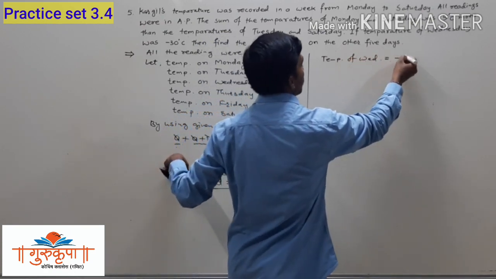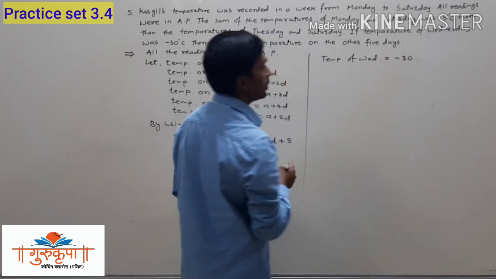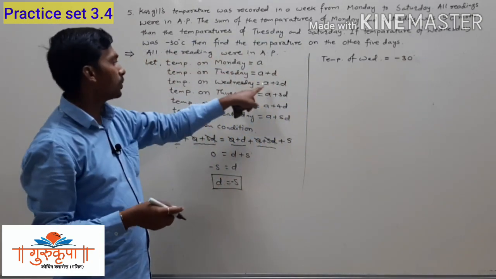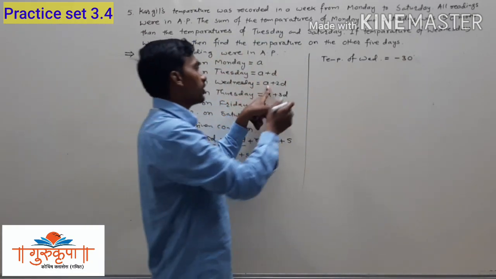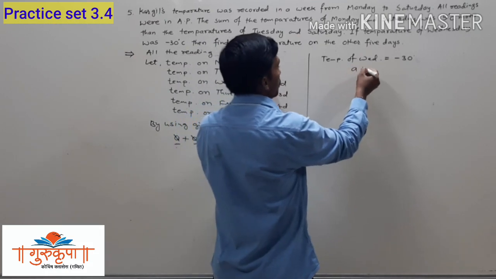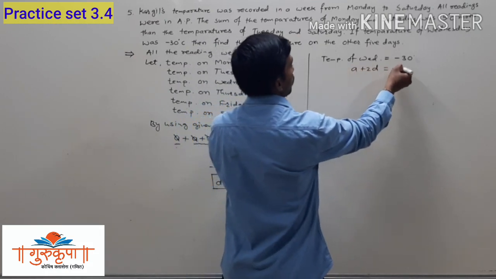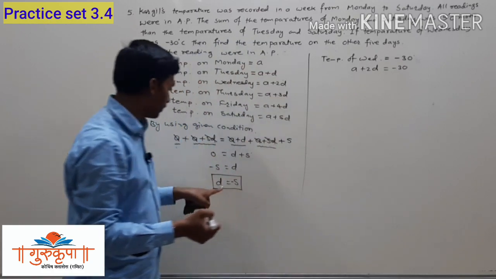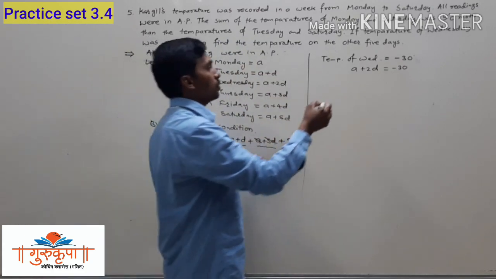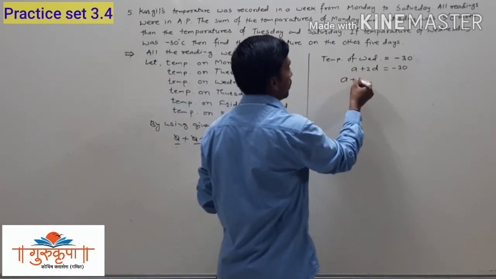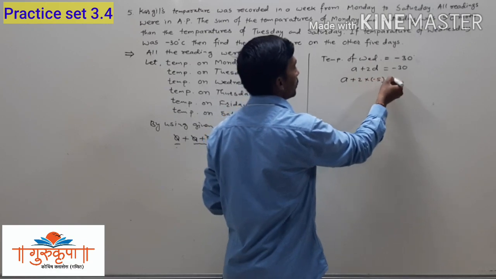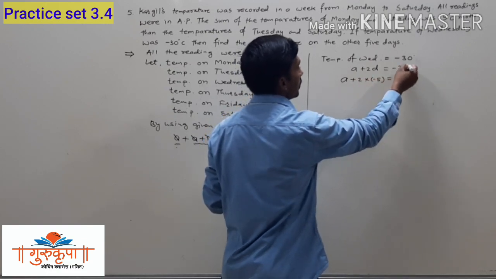According to our general representation, temperature of Wednesday is A plus 2D, it is equal to minus 30, and here we get D is equal to minus 5. So we will put that value: A plus 2 multiplied by minus 5 is equal to minus 30.